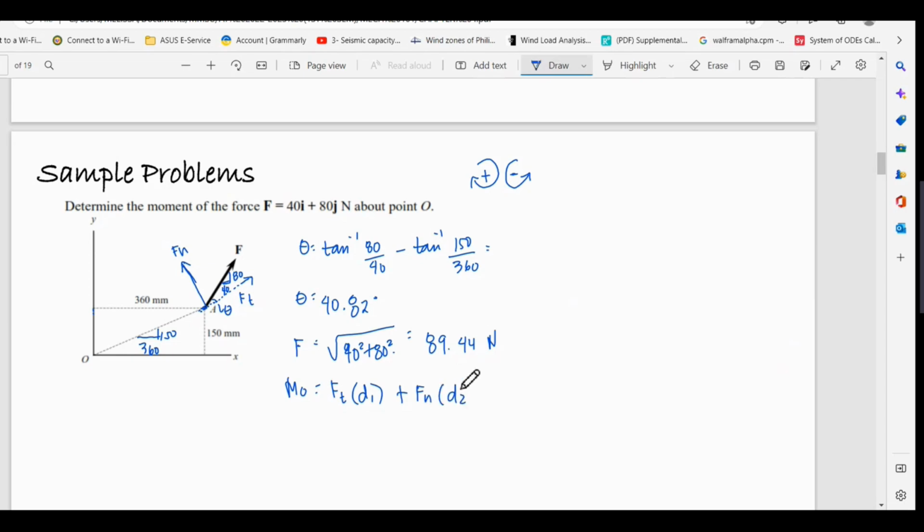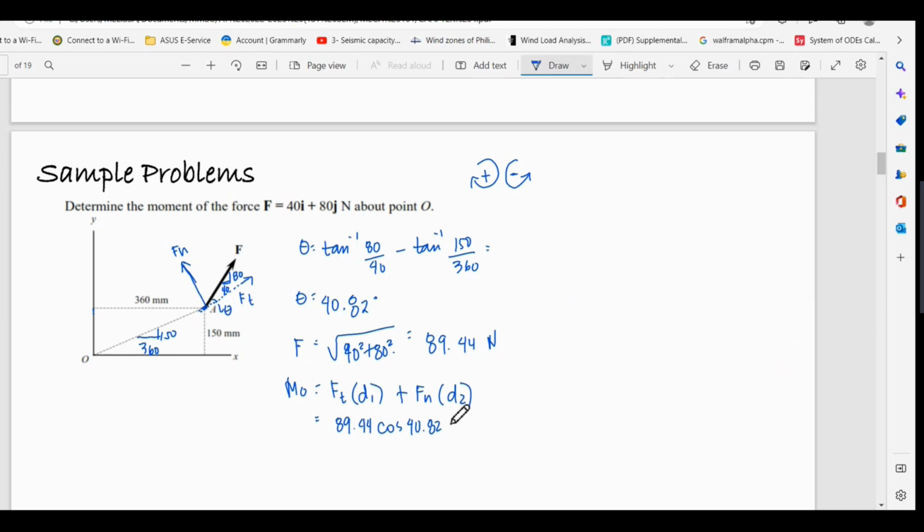And then the distance that is perpendicular to our moment center. So Ft is what we have here, 89.44 cosine of 40.82.